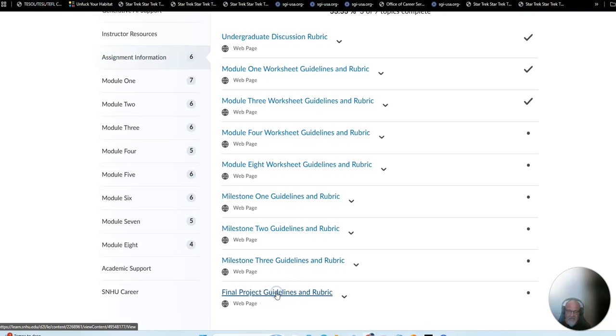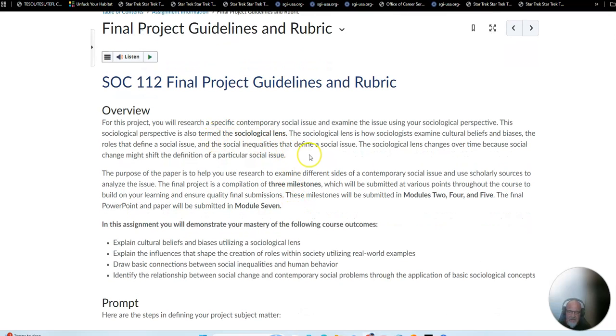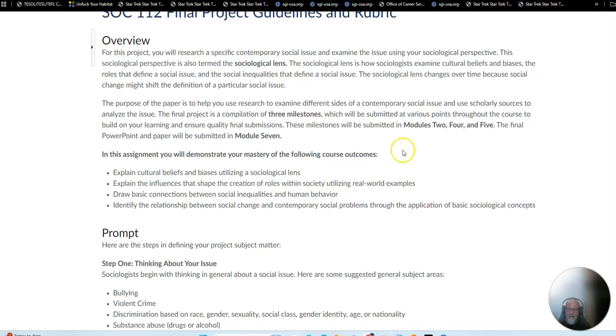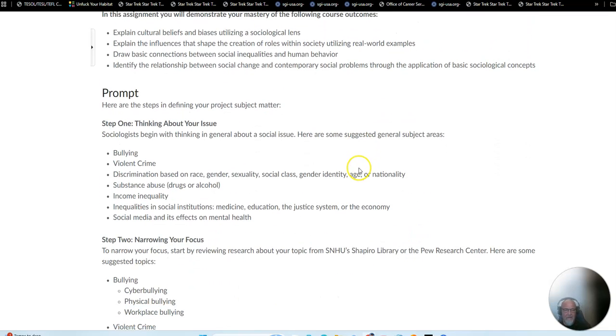But let's look at this final project. You're going to pick a specific social issue. Your milestones build up to this in modules 2, 4, and 5. So take a minute and read the milestones in those modules.